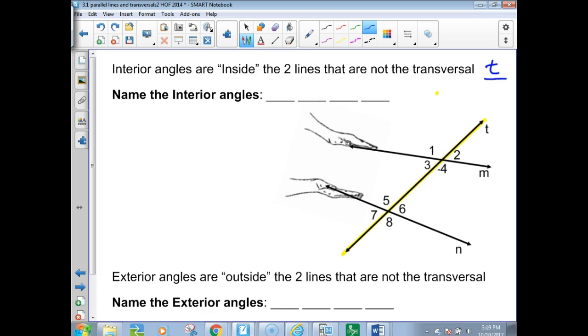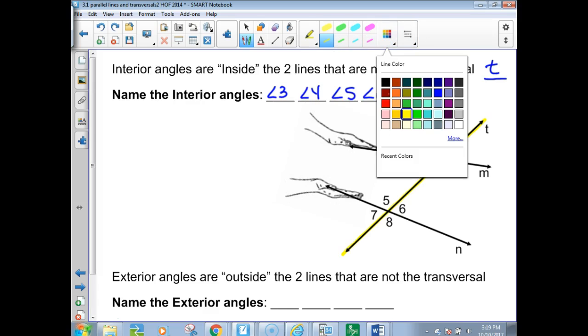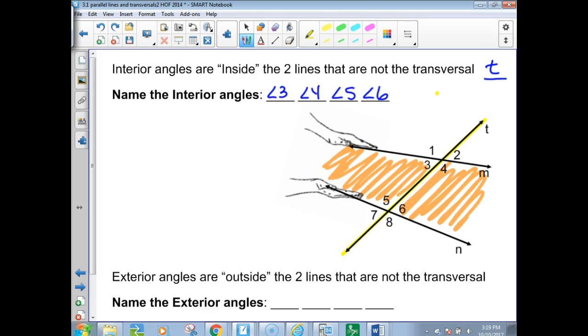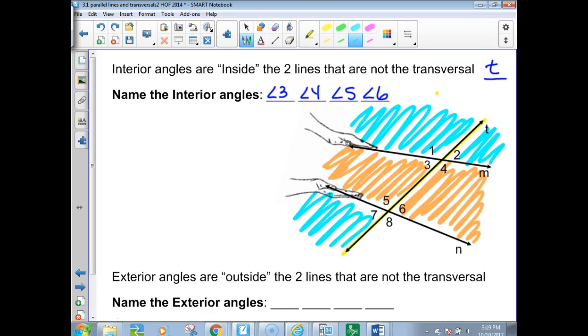Now, the interior angles inside the two lines that are not the transversal would be 3, 4, 5, and 6. Angle 3, angle 4, angle 5, and angle 6. If you would like, let's go ahead and highlight the interior. I'm going to do it light pink. And then the exterior out here, that blue.